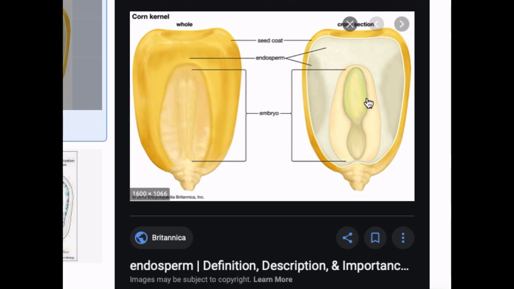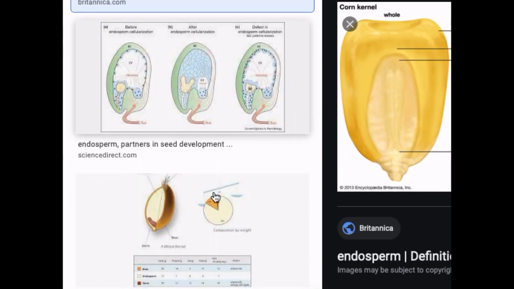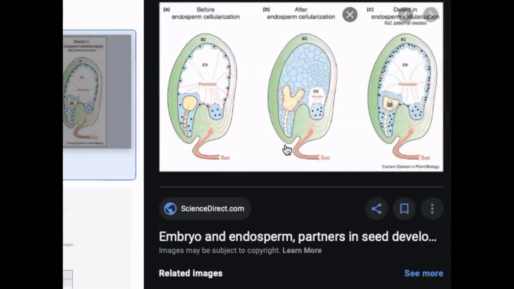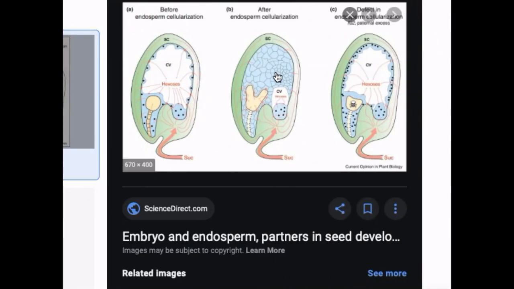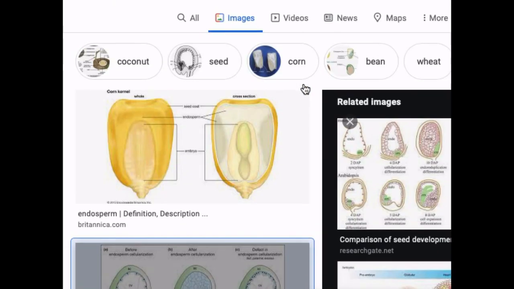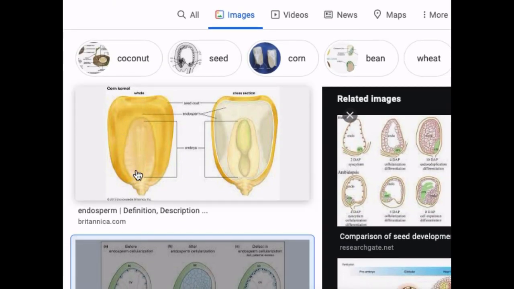So can you imagine this embryo as it starts to grow and grow? It will continuously eat up all the endosperm. So most seeds do not show any endosperm anymore. Here you can also see that as the embryo is growing, the endosperm starts to degrade or disappear, because obviously the embryo is eating it up.